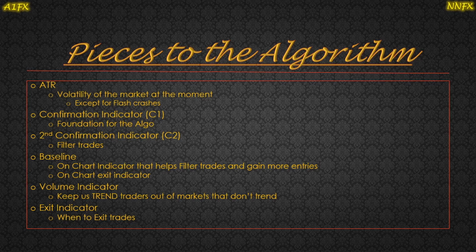Would you rather get another trade that went 50 pips, so you get an overall net of 50 pips, or maybe eliminate that second trade, so now you're up 100 pips instead of just break even, or if you got an additional win. And that's just kind of the thinking process behind No Nonsense Forex.